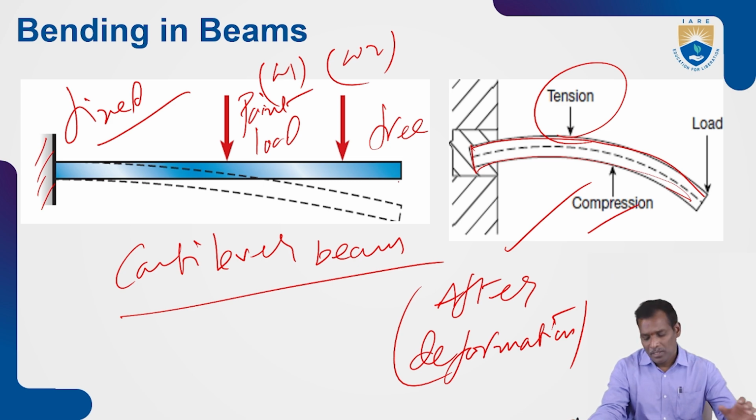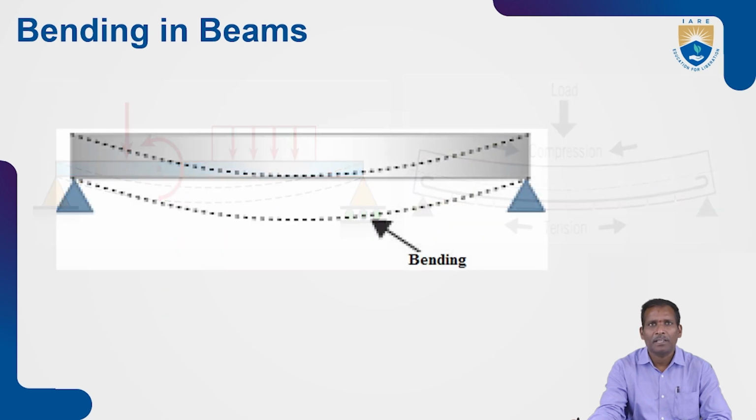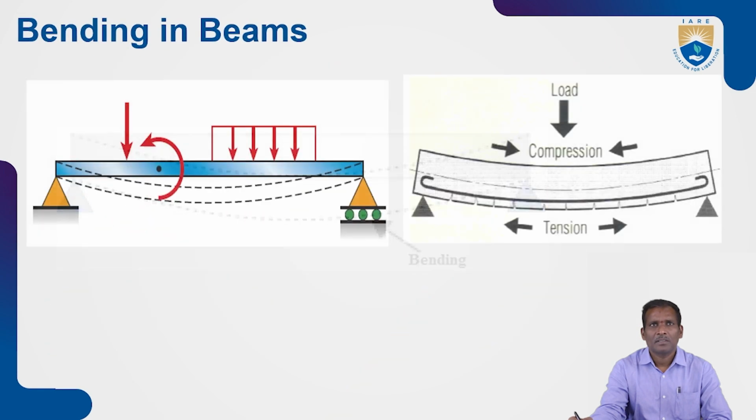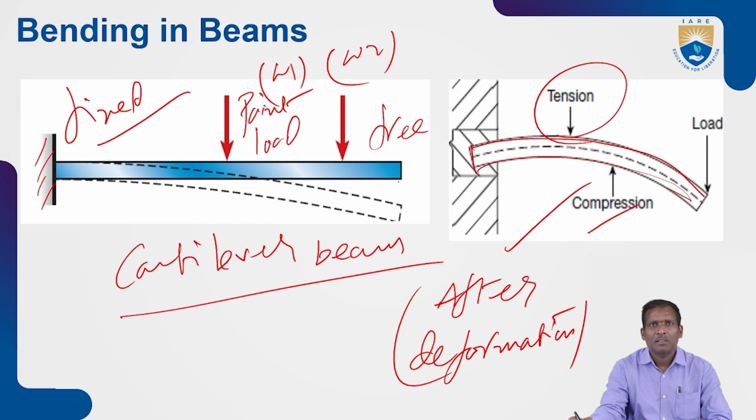That is why bending stress, as I already told you, is the combined effect of both tensile and compressive stress, not only a single tensile or compressive stress. Clear? The bending in beams and bending stress.